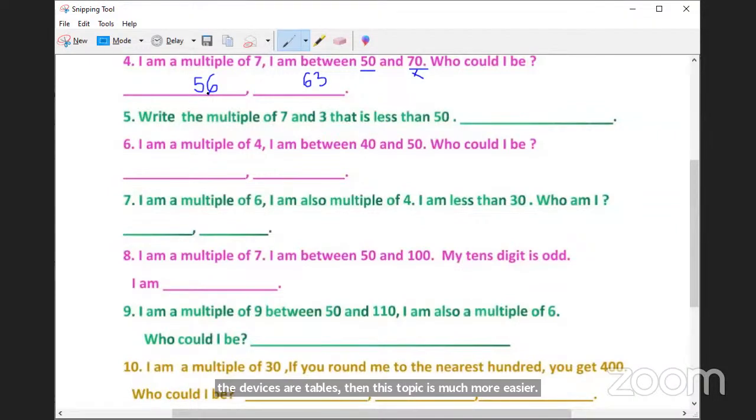Yes, 56 and 63. Yes, Janiver. I got it. Okay, correction, 56.